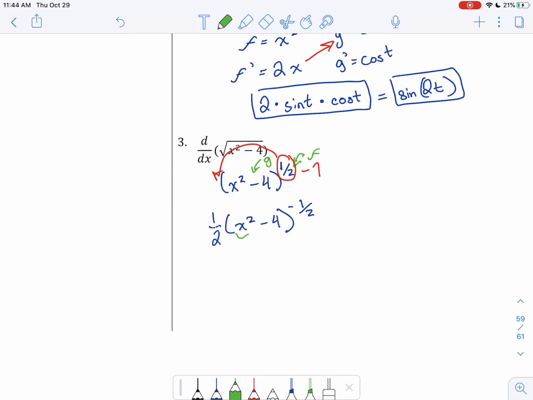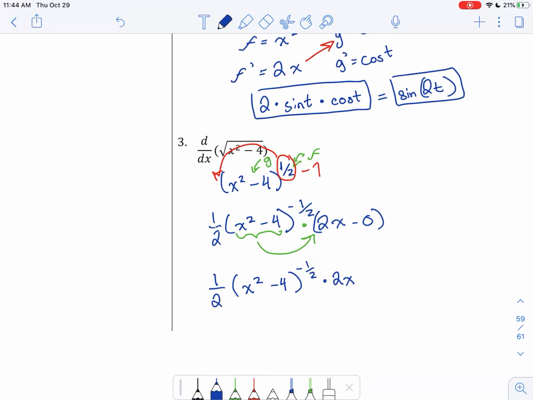And then I need to multiply by this derivative, which in this case would be 2x for the x squared minus 0 for the 4. And so I end up with 1/2 times x squared minus 4 to the -1/2 times 2x. So this is our unsimplified version.